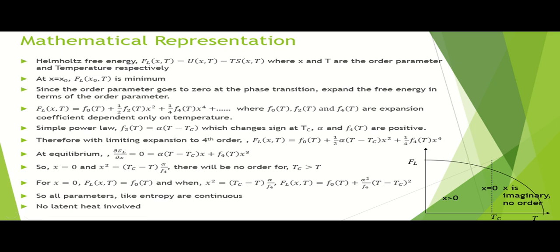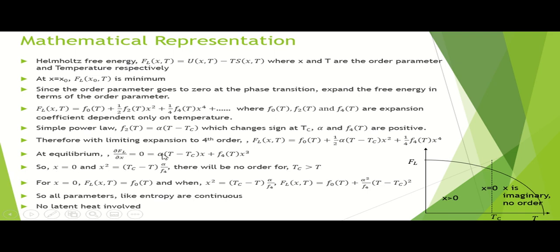It is based on the free energy function being an analytic function, and it has to be expressed like this, where the odd order terms in the order parameter are set to 0, and then there are certain conditions on f2 and f4 that we have discussed: f2 changes sign during the phase transition and f4 is always positive. And then we use the equilibrium condition that FL does not change at equilibrium.